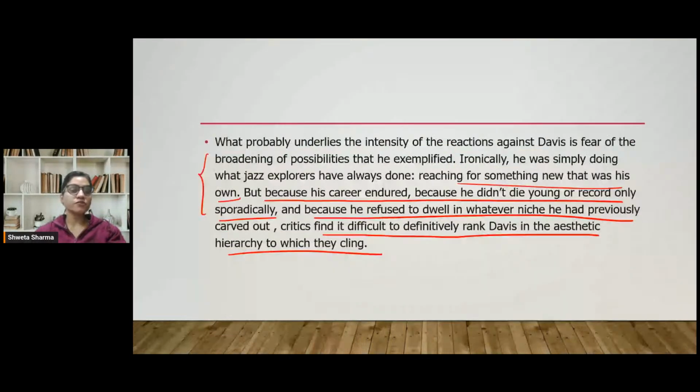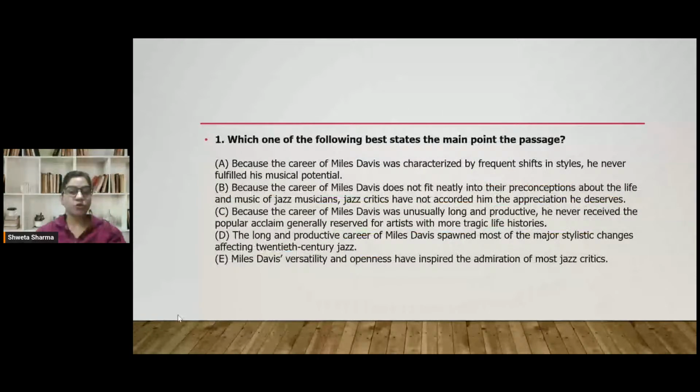Let's have a look at the first question, guys. Quick 1 minute and then we discuss it. I want you guys to eliminate all the options and give me the correct answers.